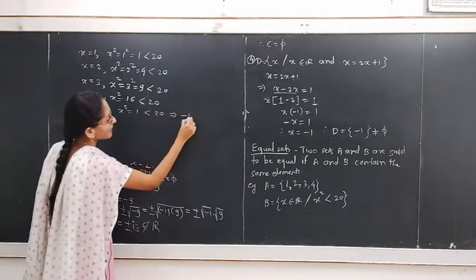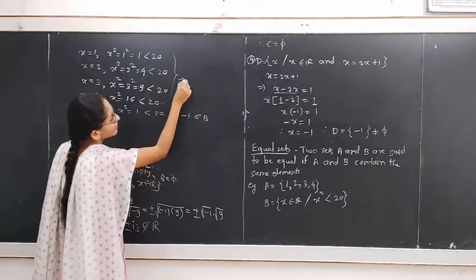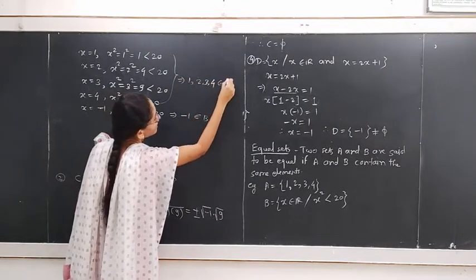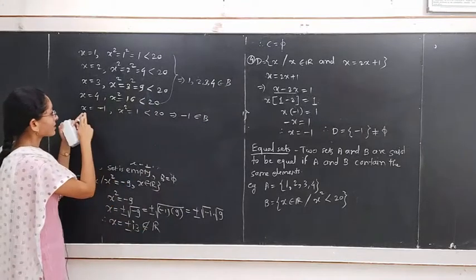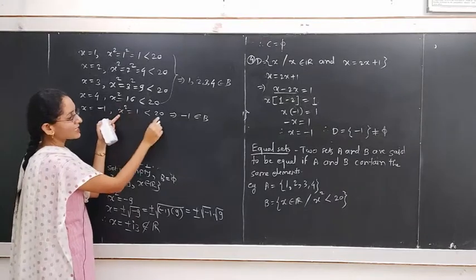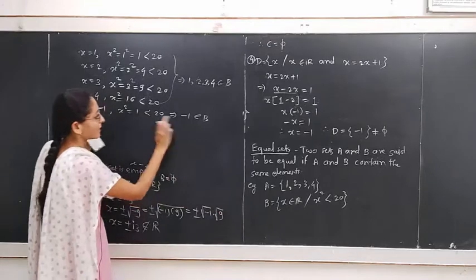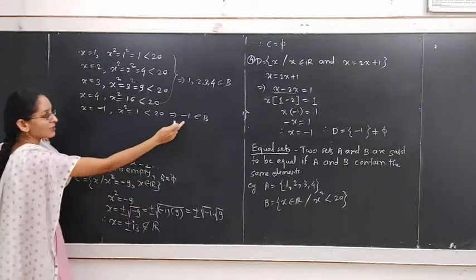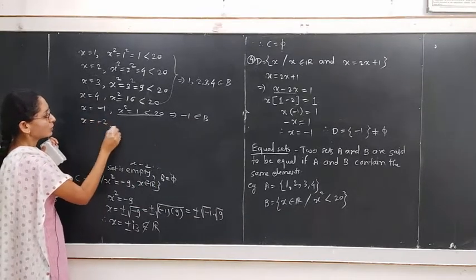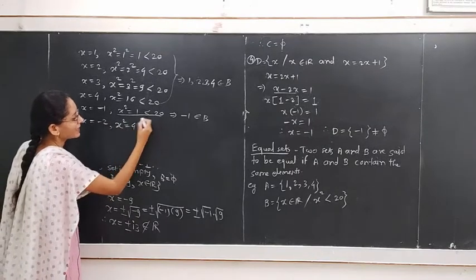This implies the element -1 belongs to set B. All these 4 statements imply elements 1, 2, 3 and 4 belong to set B. Also, if we take x is equal to -1, then it satisfies the condition x square is less than 20, which is the condition imposed on set B. Therefore, -1 belongs to set B. If we consider x is equal to -2, then x square is equal to 4, which is less than 20 again.